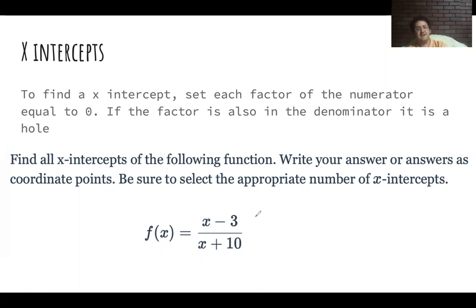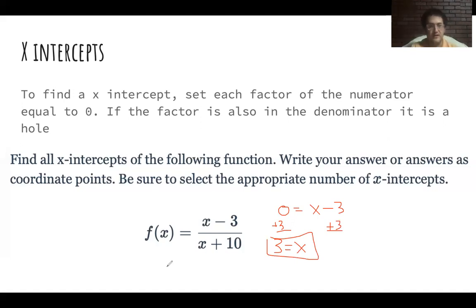So what that means is that I'm going to set 0 equal to x minus 3. If my numerator is equal to 0, then I can find out what my x-intercept is going to be. So I'm going to add 3 to both sides. And they want a coordinate point.